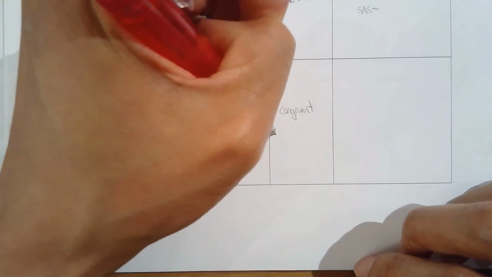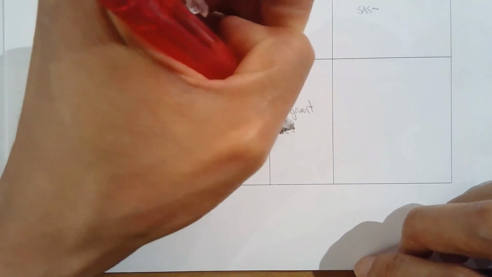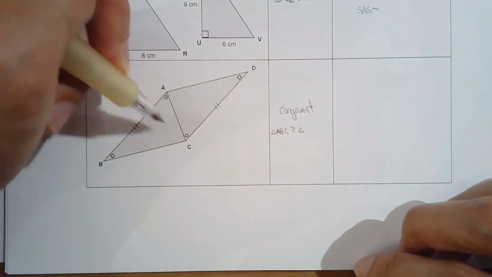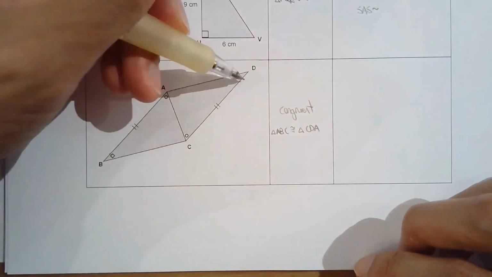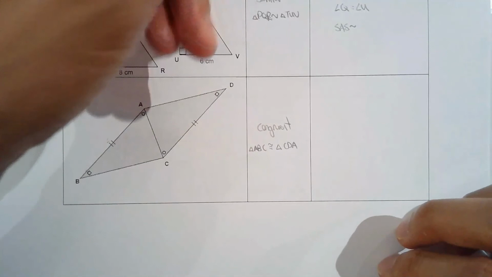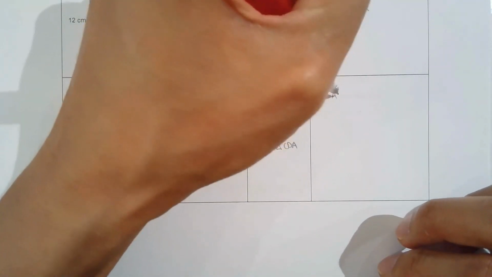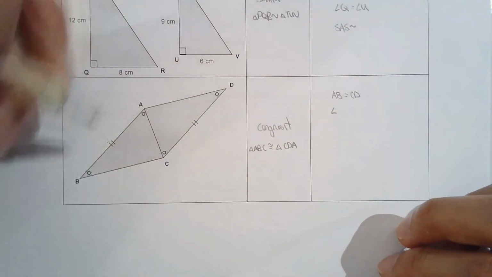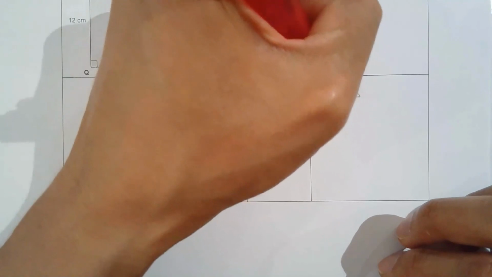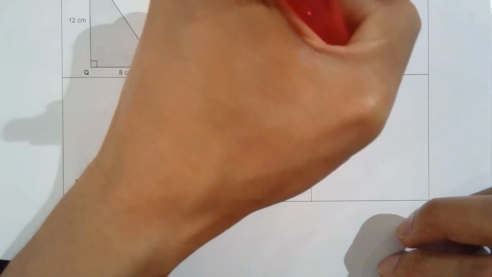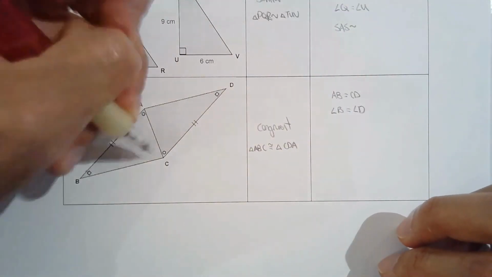Congruence, so triangle ABC is congruent to triangle, let's see. So A was here, and then B, so B, CDA. We'll double check after. CDA, ABC. Yep, perfect. Okay. So how did I know? Once again, you can start off with saying AB is equal in length to CD, and angle B is equal to angle D. Now angle A, be careful, I'm going to write angle BAC.